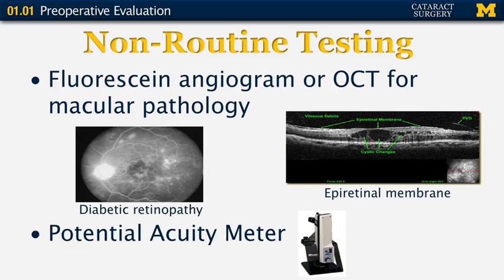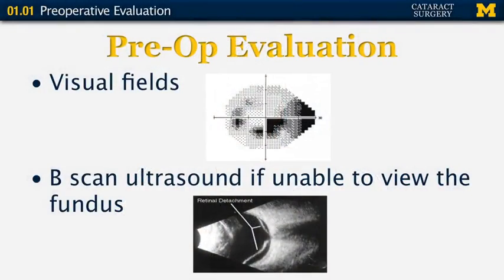A potential acuity meter, or PAM test, is sometimes useful in patients with macular pathology. I haven't found it all that accurate, but sometimes it can give an idea of what the acuity might be after the surgery. Other important non-routine testing would be visual field examination if the patient has a history of glaucoma.